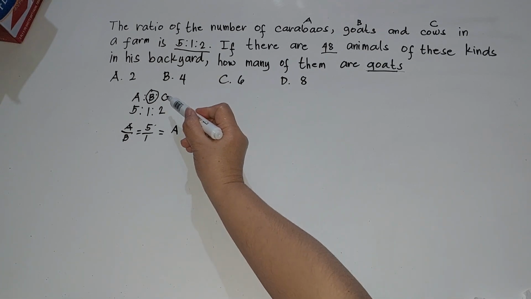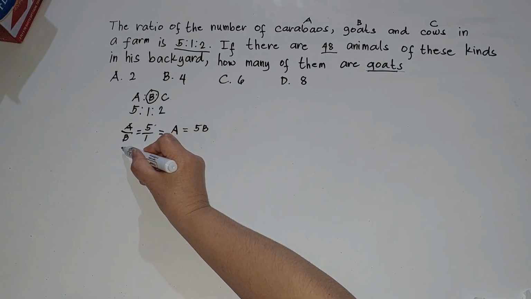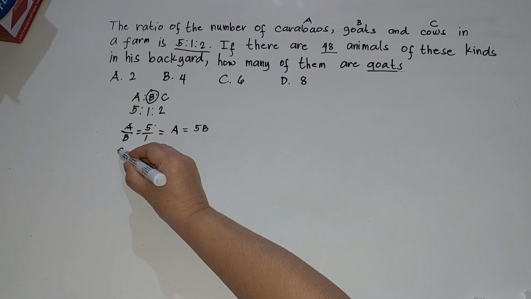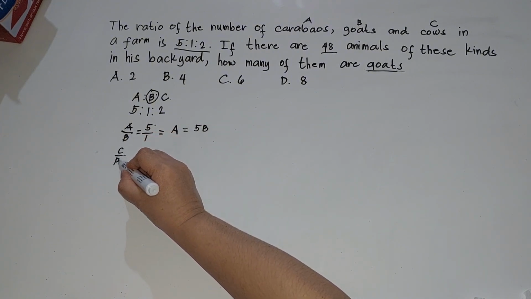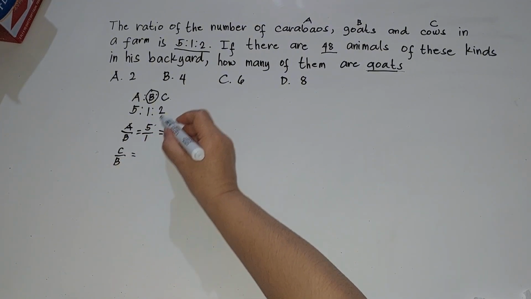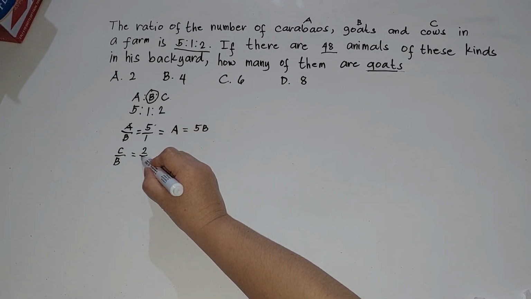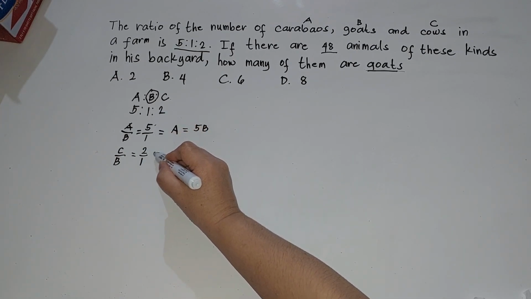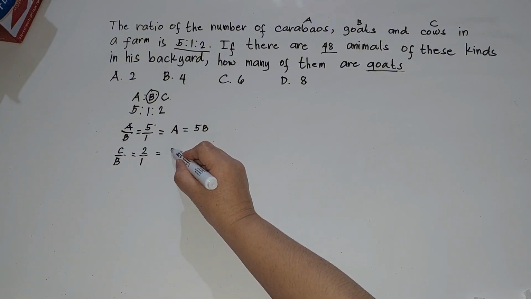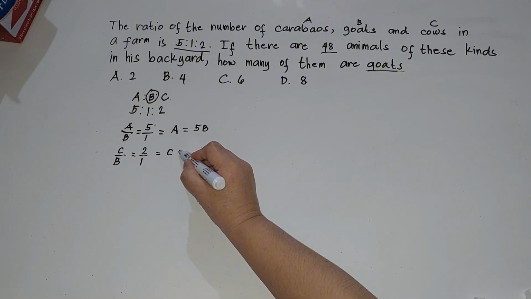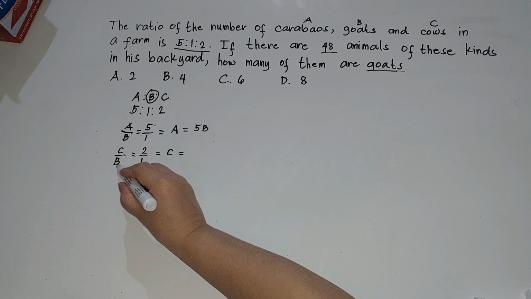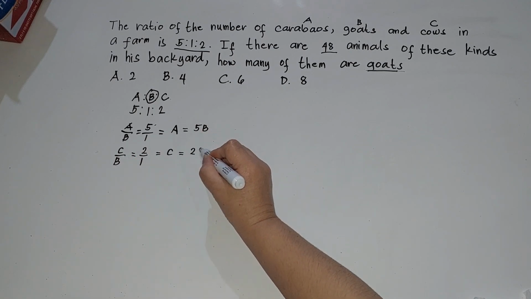Next, equate C to B. So C is to B is equal to, C is 2 and B is 1. Cross multiply. 1 times C is equal to 2 times B, which is 2B.